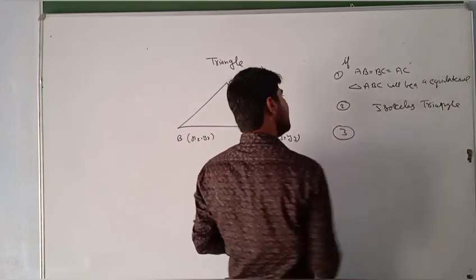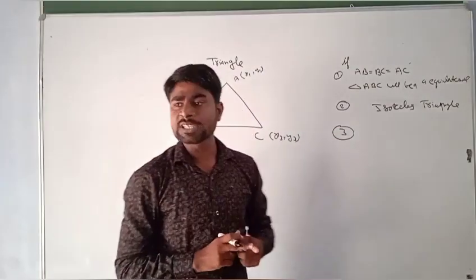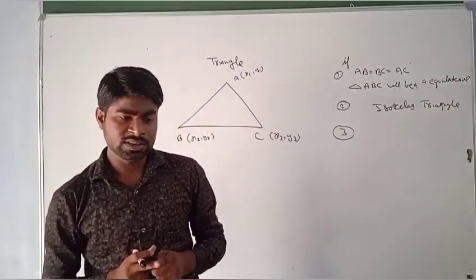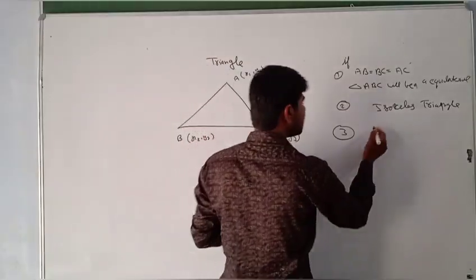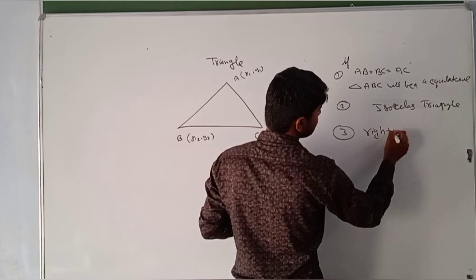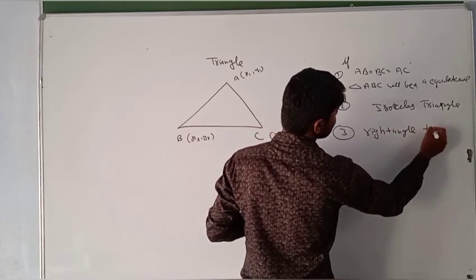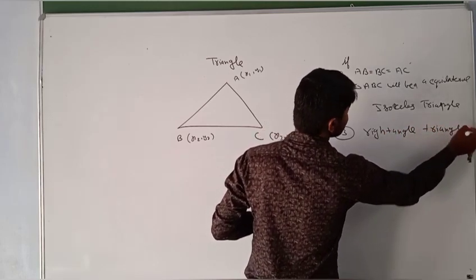In the third case, if any two sides of the triangle are perpendicular, then it will be a right angle triangle.